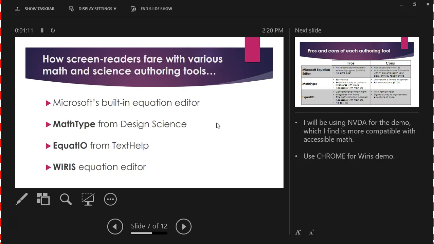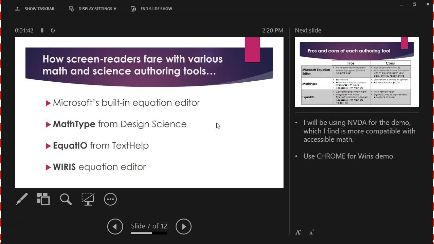The one after that, called Equatio, is new. I have heard that it's going to be free for educators on November 28th. We can try it out. It is not known yet to IT, so if you try to download Equatio, because you can download a free trial, you're probably going to have to get administrator rights, and I don't know if it has been vetted by IT because it's so brand new.